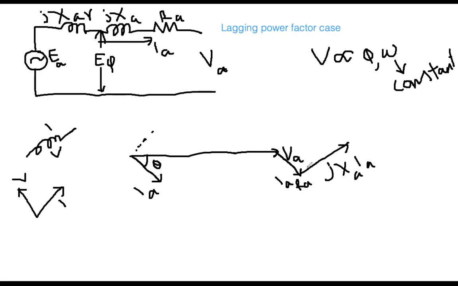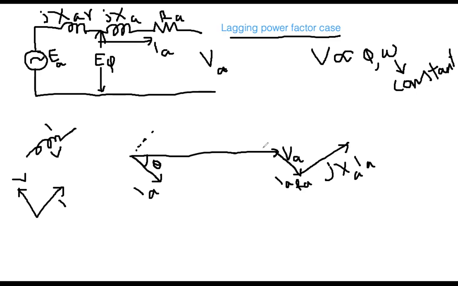Are you understanding this? First, this was my terminal voltage, and then I drew this current, assuming this is the lagging power factor case. So the current is lagging by the theta angle. Now my goal is to go back there, in that direction. One by one, I am adding the voltage drops. The IARA voltage drop I drew here, parallel to IA, just multiplied by RA.